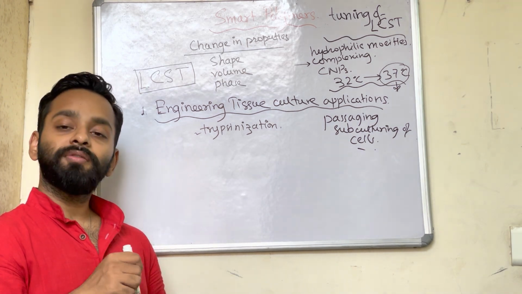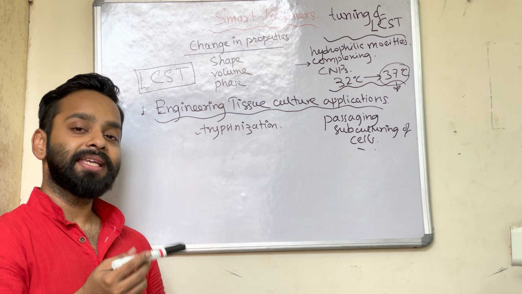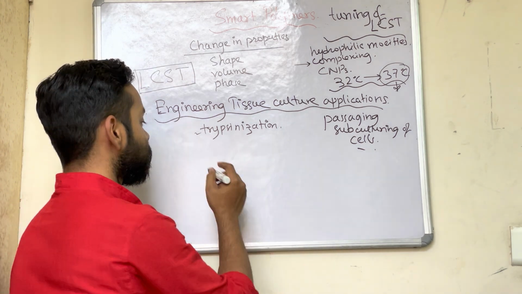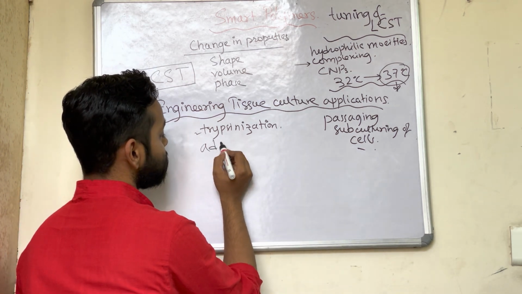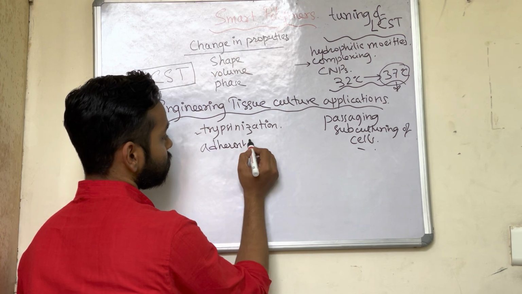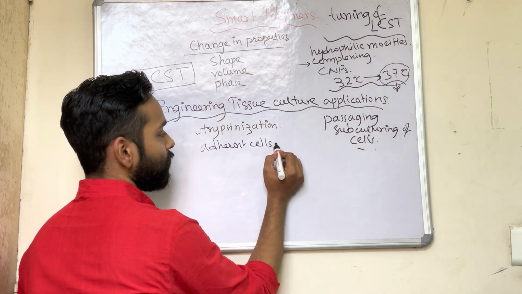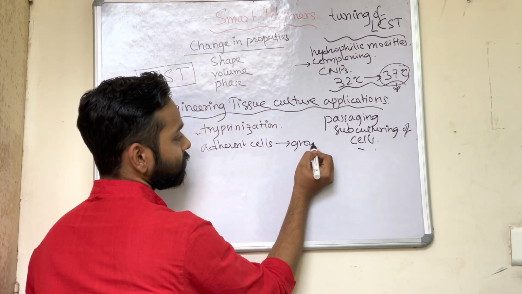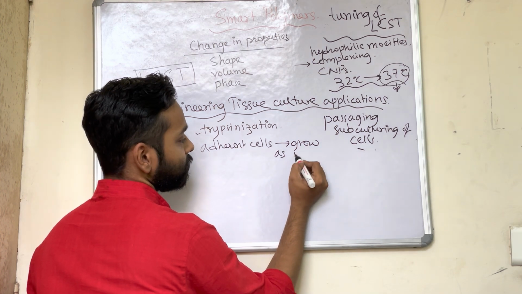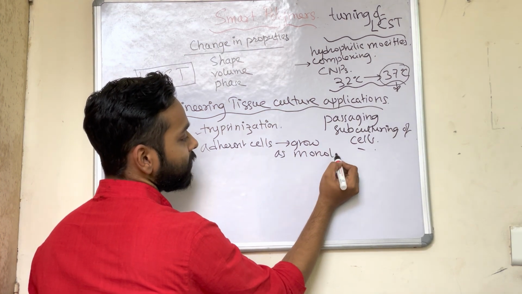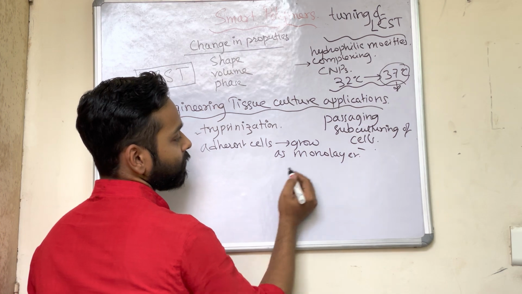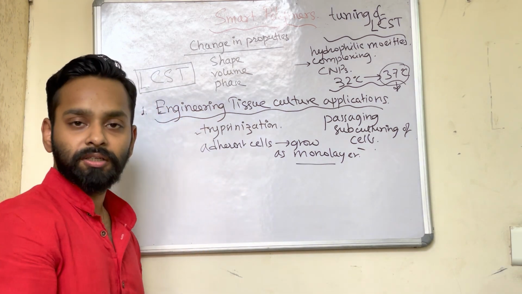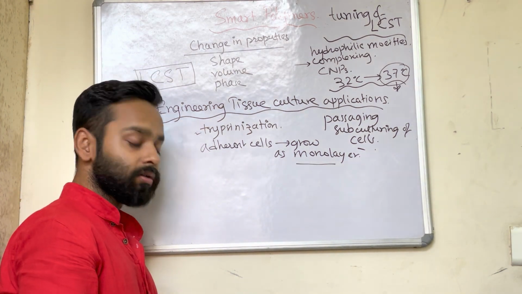So most of the cells which are adherent cells grow as monolayers in the tissue culture flask or the plate in which the cells are growing.